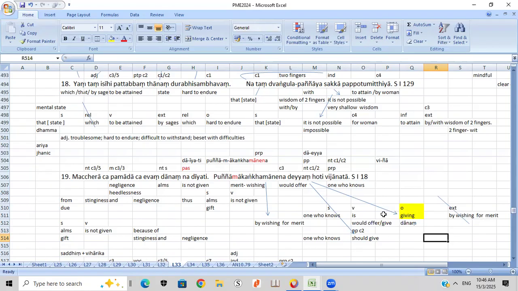That means offer dana, so here you should put "in order," rather than "wishing." One would offer dana in order to get married.